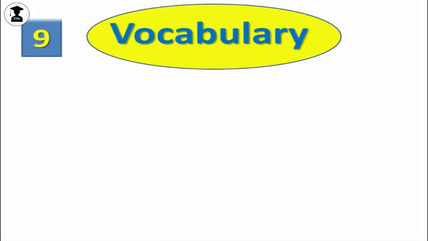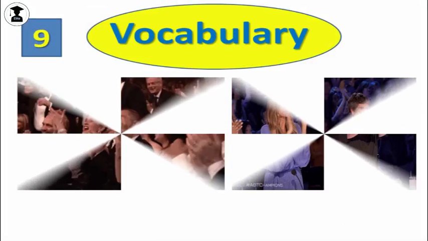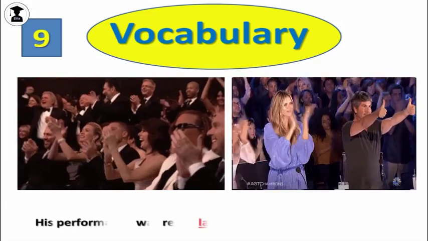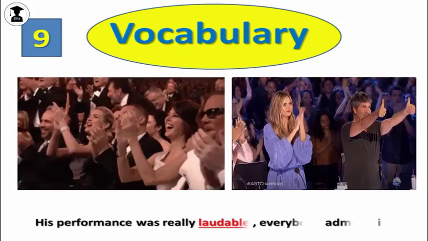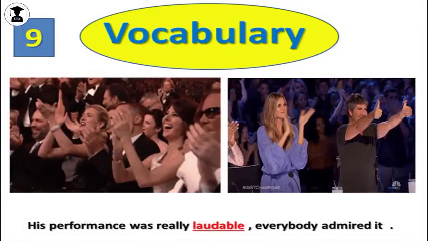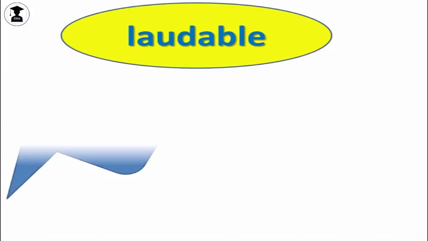The ninth word of today is laudable. Laudable. Look at the big clapping of the audience and you can guess the meaning. Our sentence says, his performance was really laudable. Everybody admired it. Laudable is an adjective.